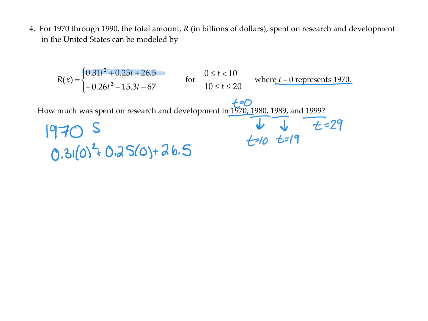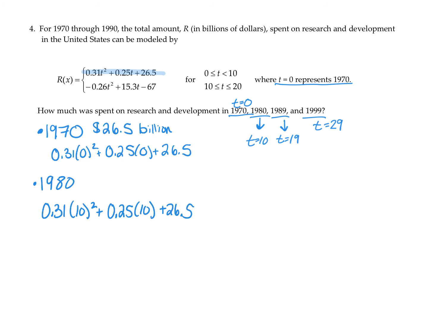And I would get $26.5 billion. For 1980, I'm going to plug in 10 into that same equation. And I'm going to get $60 billion.